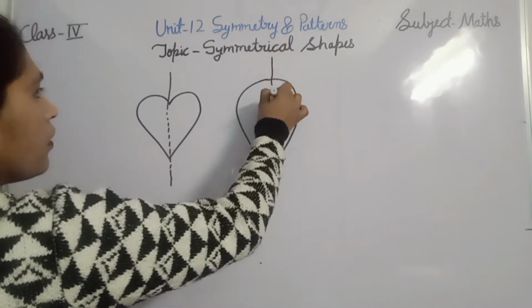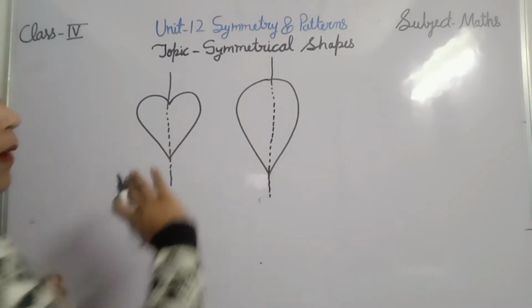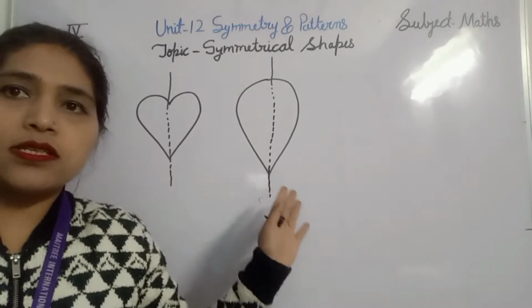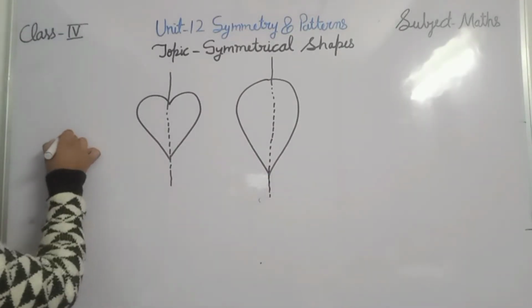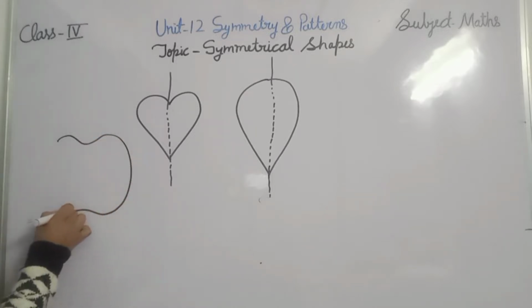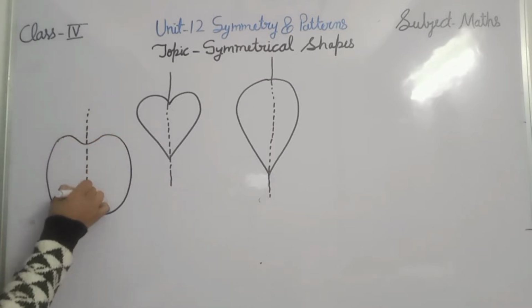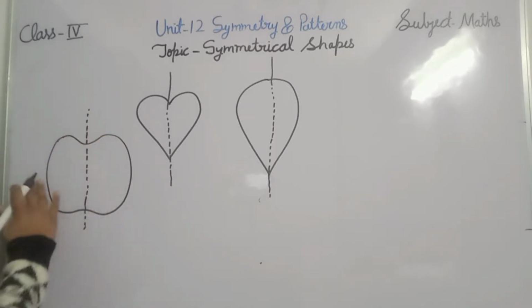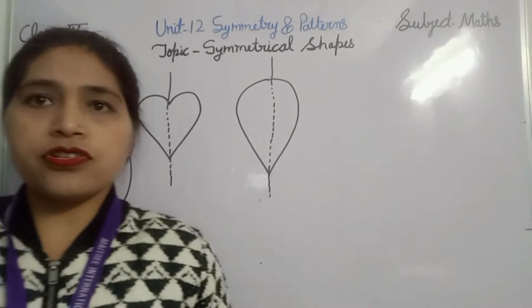If you divide this leaf from here, both parts will be similar. So this is also a symmetrical shape. Like an apple shape. If you cut this apple from here, or divide this apple into two parts, you will get similar parts. So these are called symmetrical shapes.